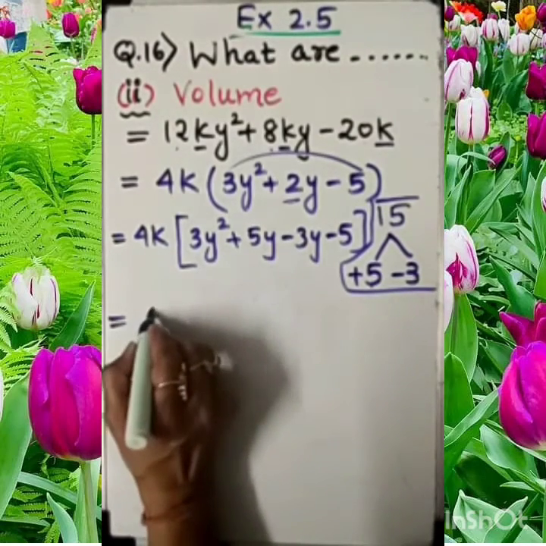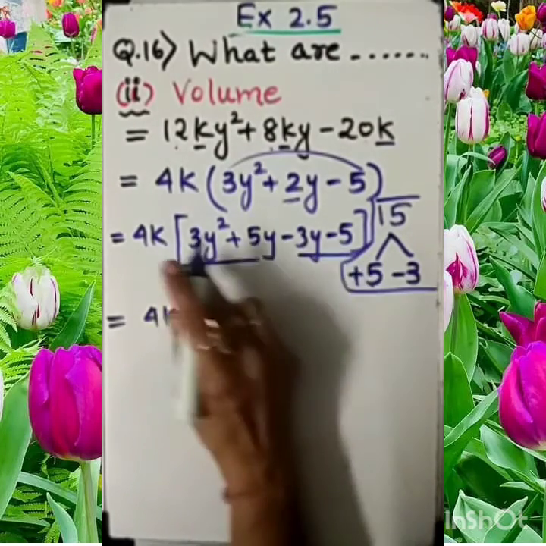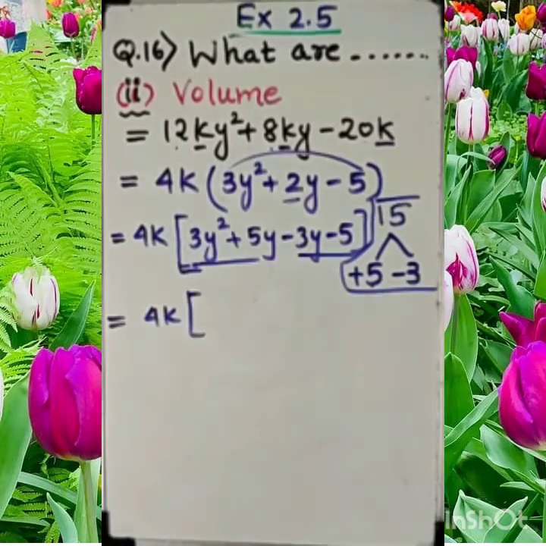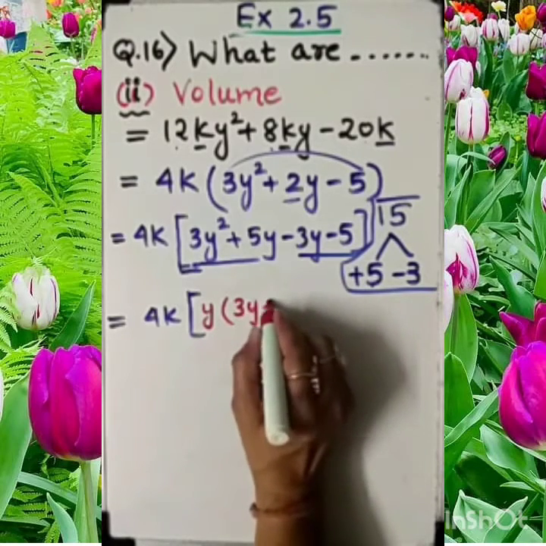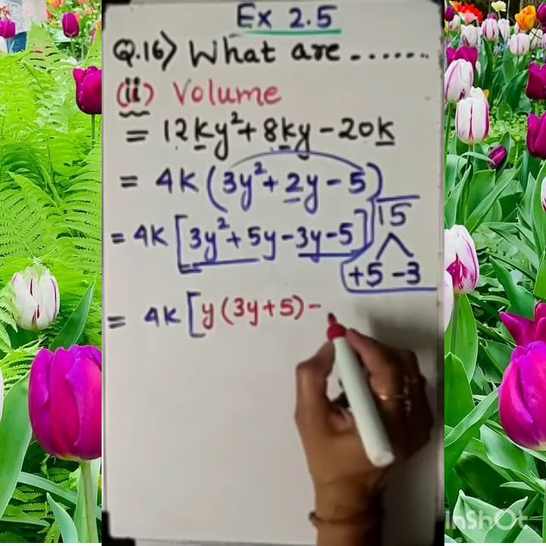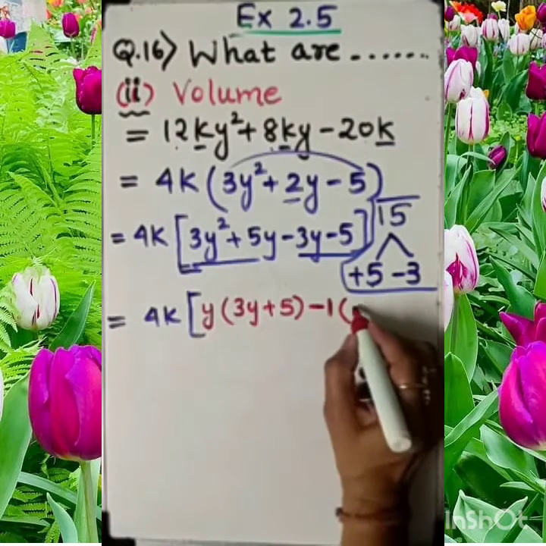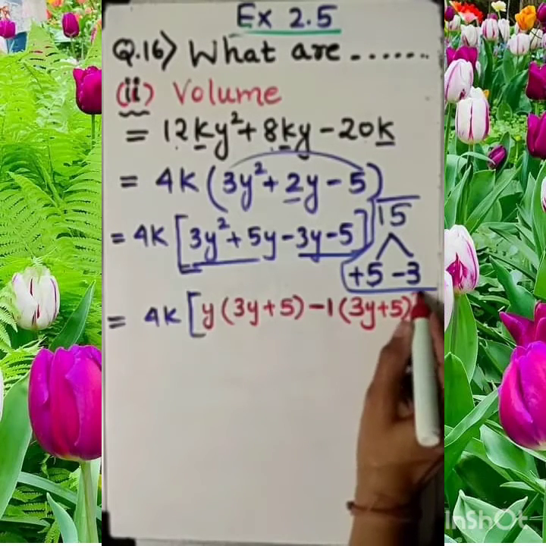So dear student, next step will be, from the first two terms something should be common. From the first pair, what is common? You can see y is common. If I take y common, then inside 3y plus 5 is left. From the second pair, one is common, so outside the bracket minus, so we need to change the sign.